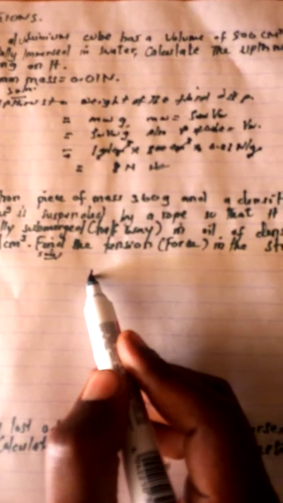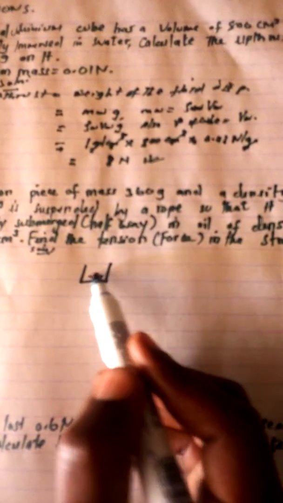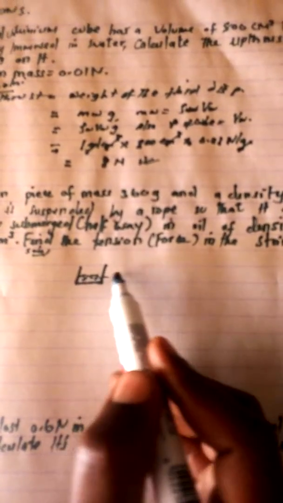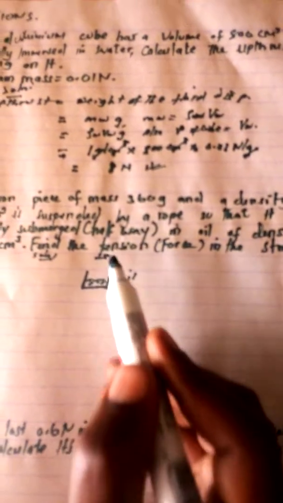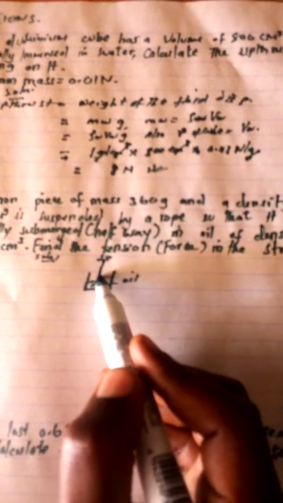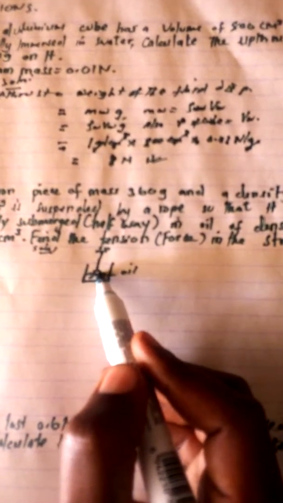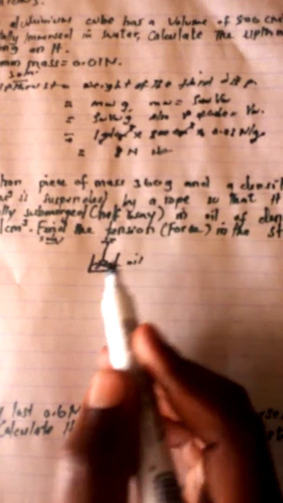We can try to understand this question by drawing a simple diagram. For instance, this is the beaker, and inside here there is oil, and you have the string which is suspended there, and this string has the object which has the mass of 360 gram.